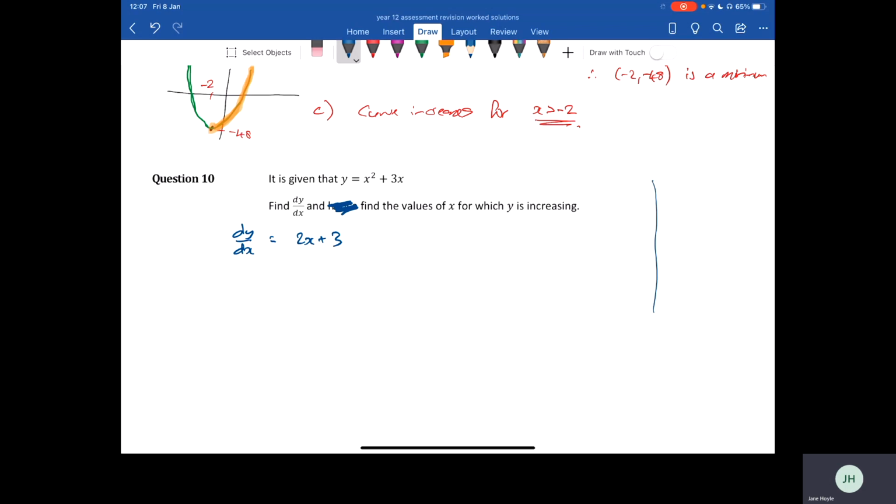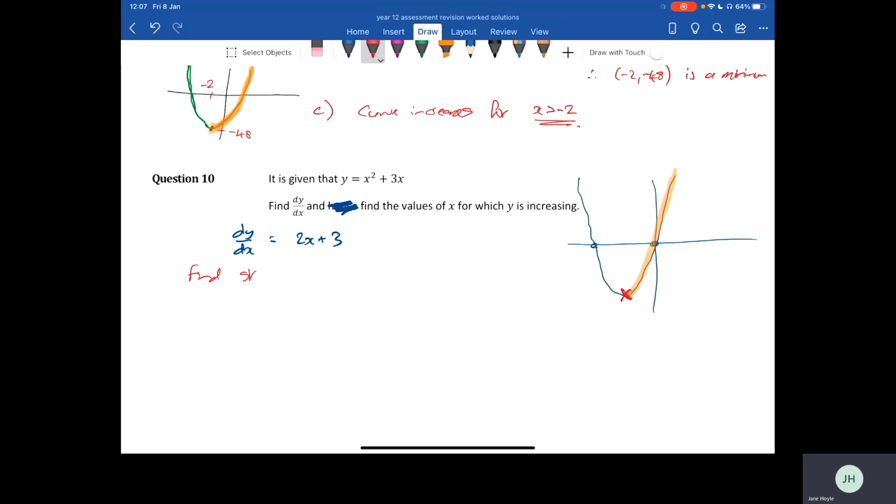I would just always, every single time, encourage you to draw a graph. This cuts through at 0 and -3. So, oops, it looks like that. Sorry, very wobbly. And now, a bit like the previous question, I can see it's increasing here. But the crucial part is, if you find where the stationary point is, then that tells you the point at which it starts increasing.